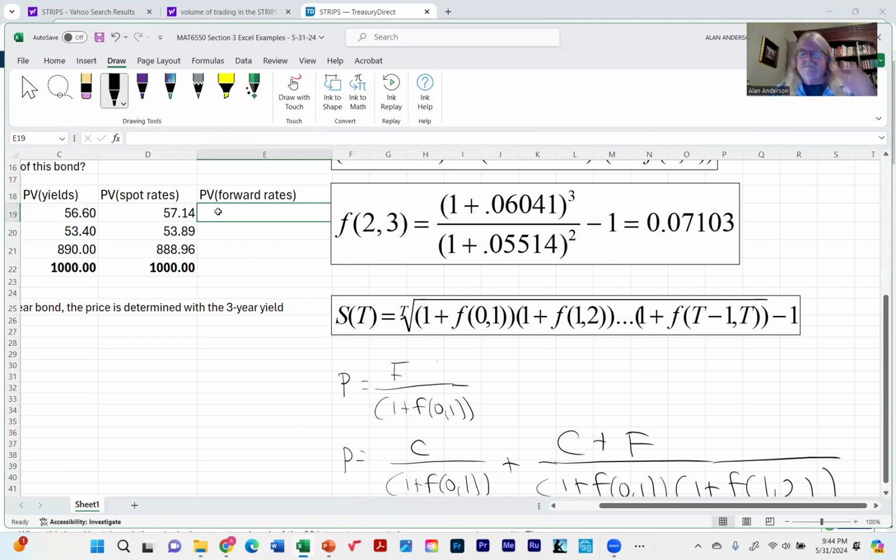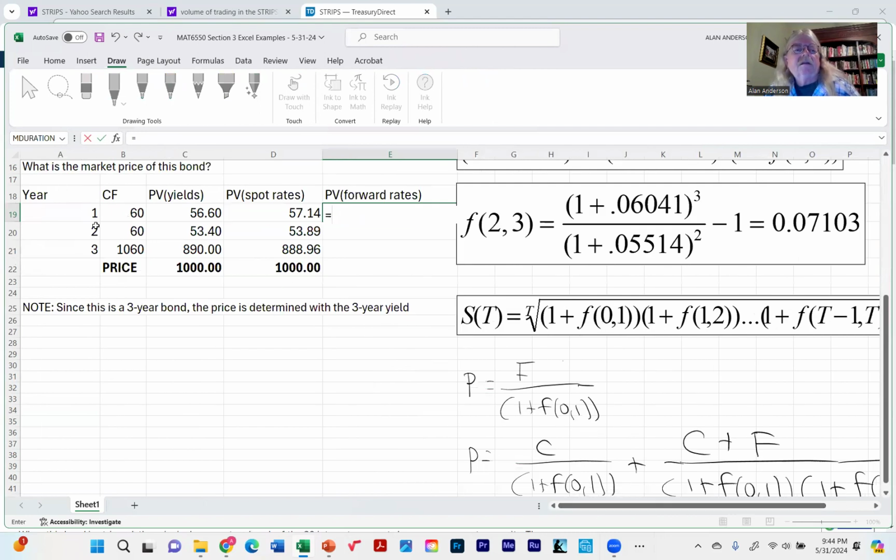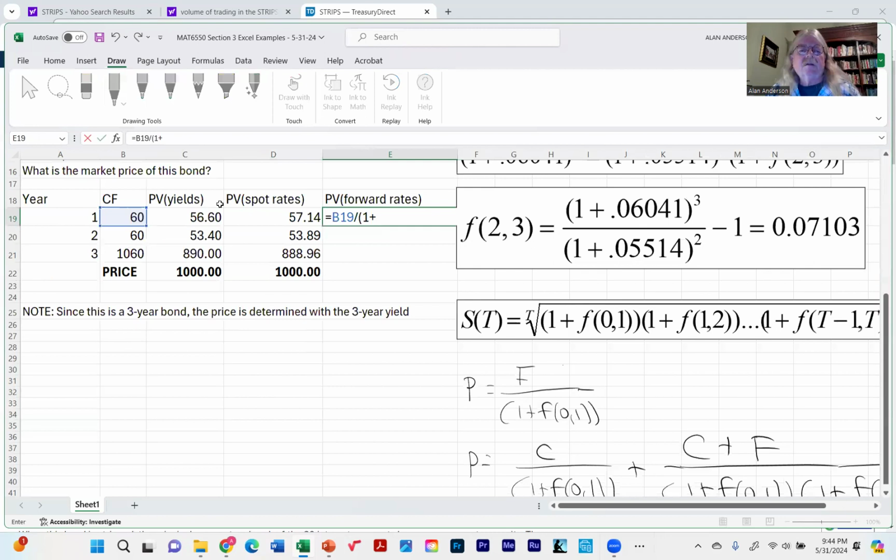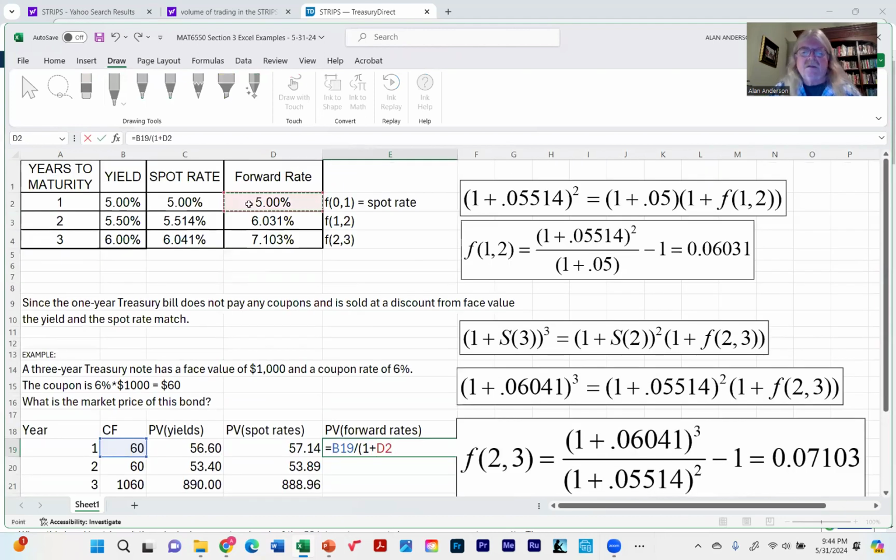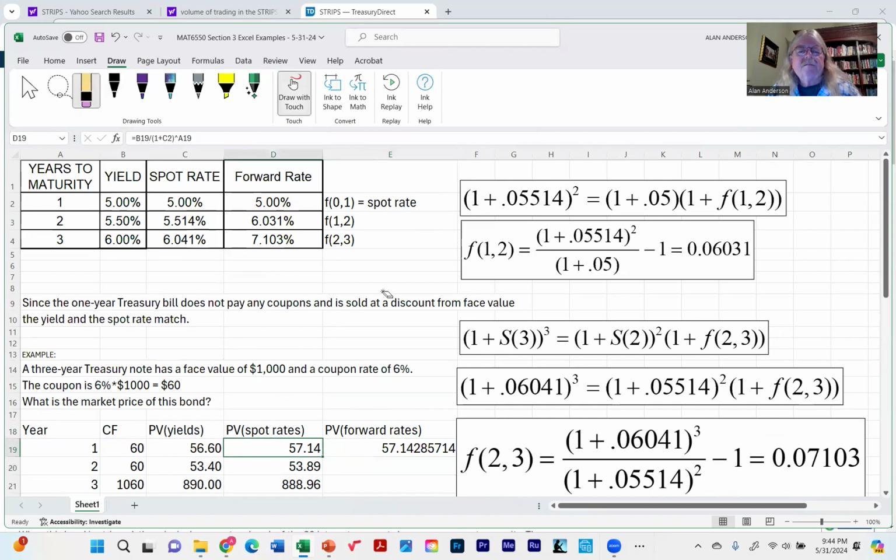So here we'll have the cash flow divided by 1 plus F0,1. Fine. So these two are the same. They should be.